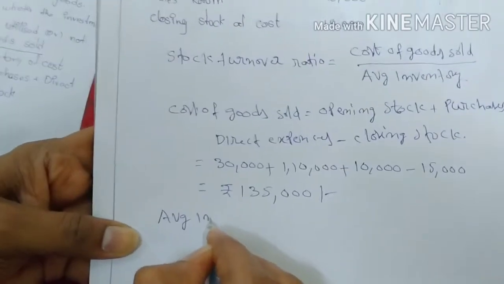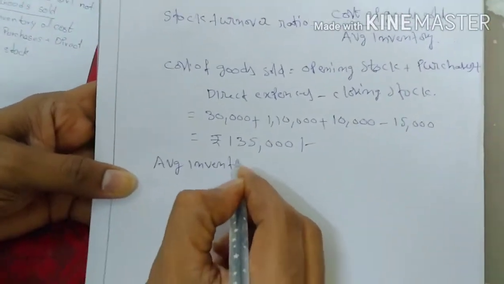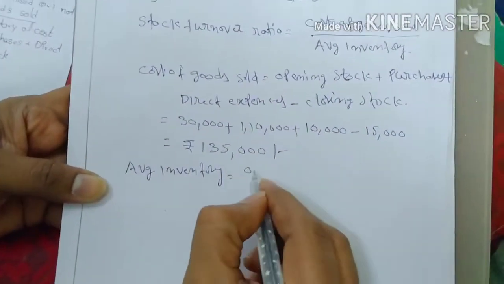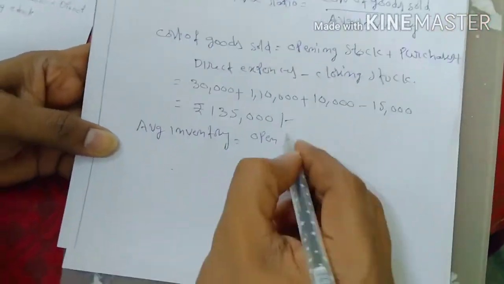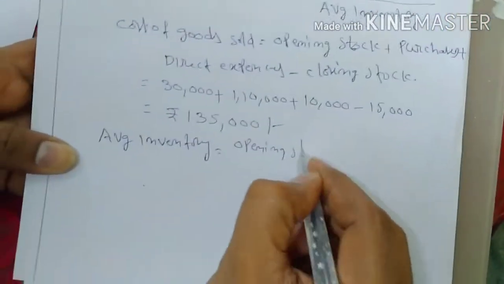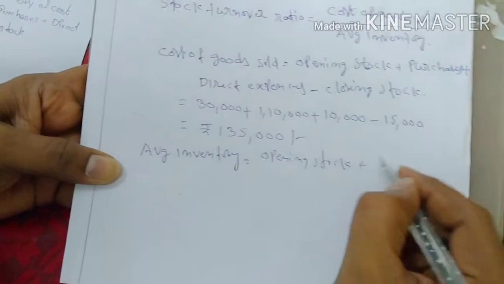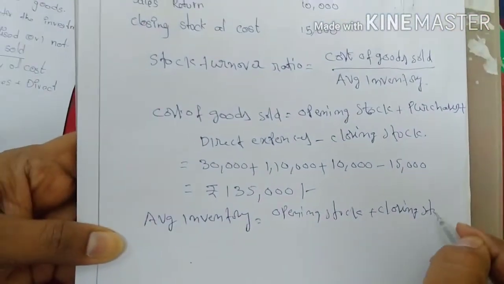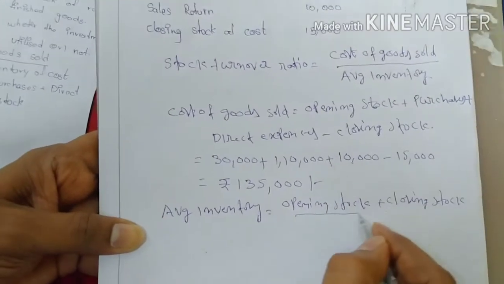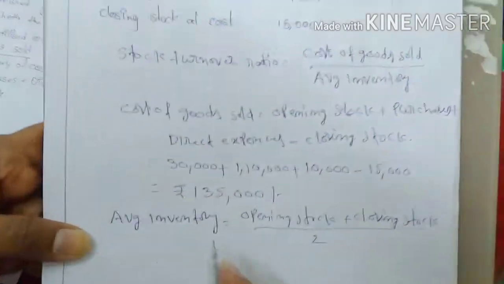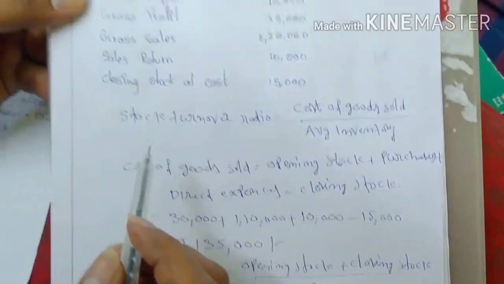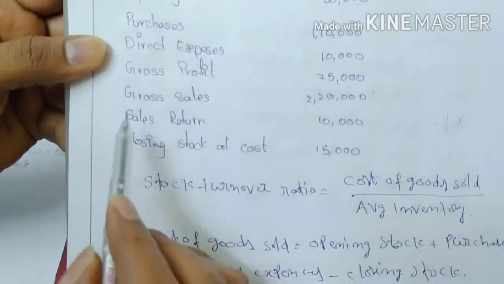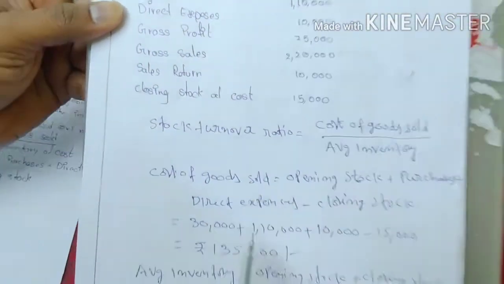Average inventory is equals to opening stock plus closing stock by 2. So opening stock 30,000, closing stock 15,000.